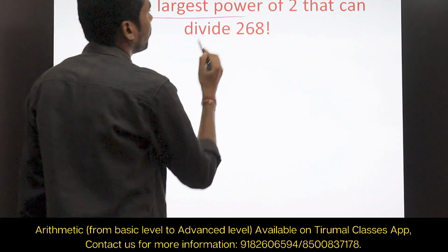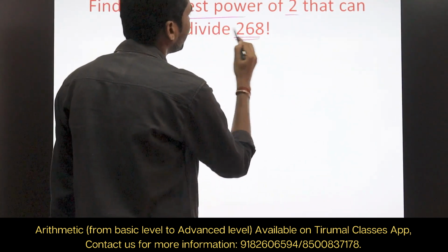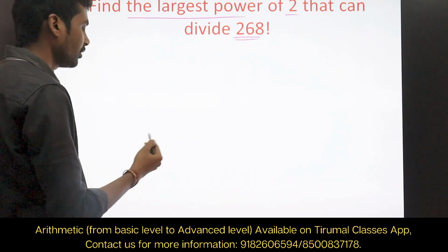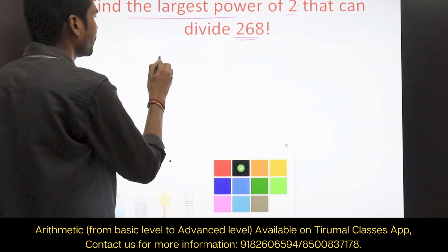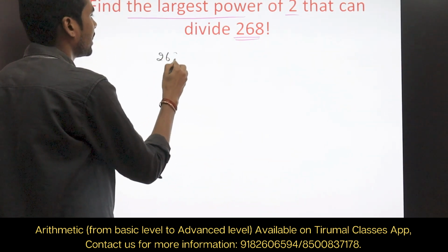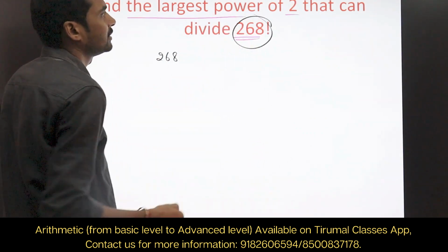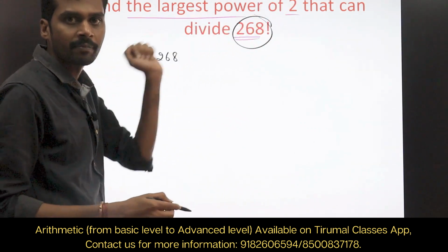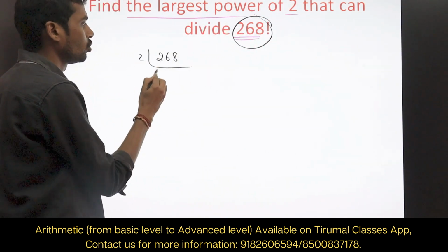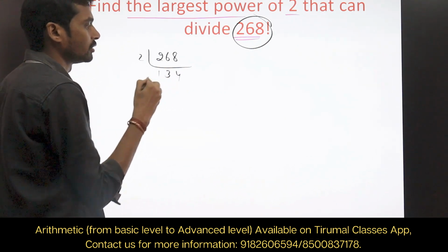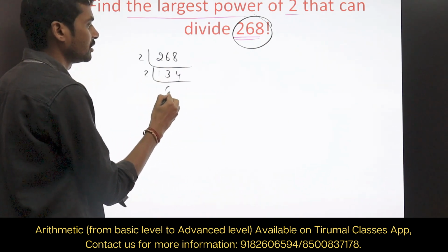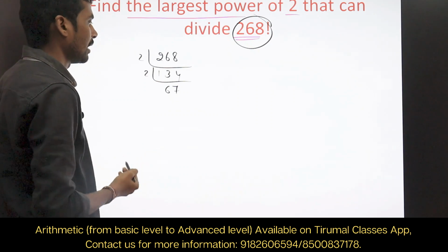Find the largest power of 2 that can divide 268 factorial. Again, we have the same kind of question. This number 268 factorial is divided with the maximum power of which number? 2. So 2 1s are 2, 2 3s are 6, 2 4s are 8, and then 2 6s are 12, 2 7s are 14. Now 2 3s are 6.